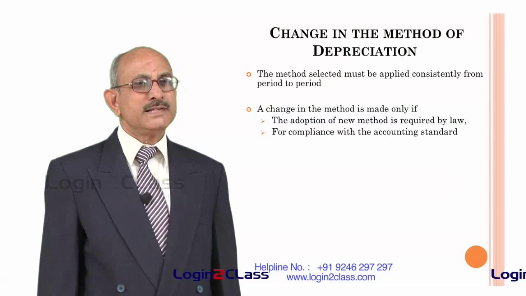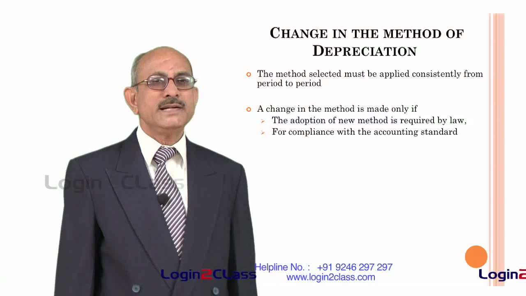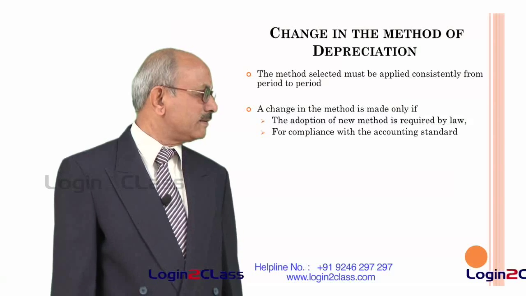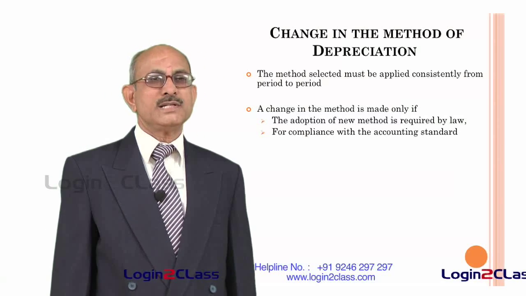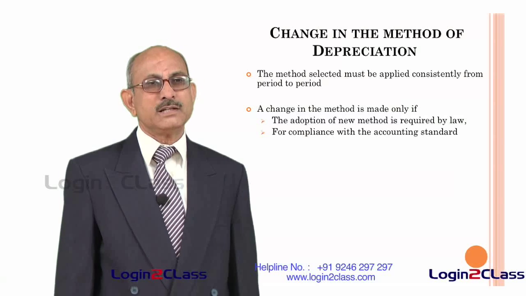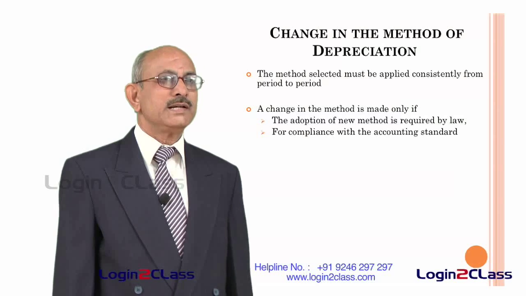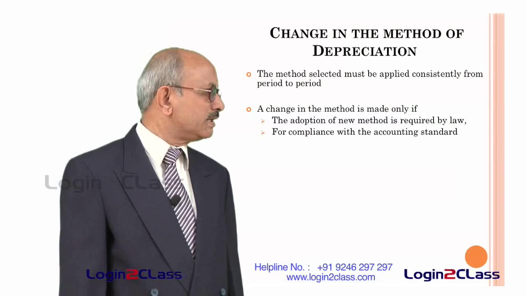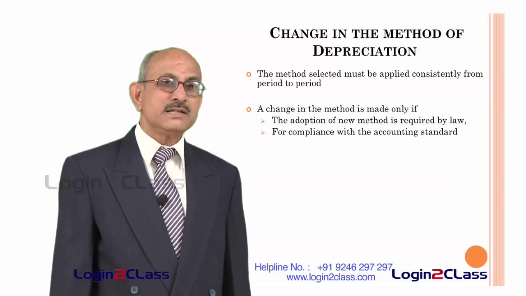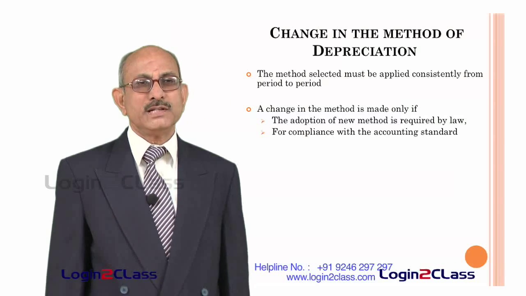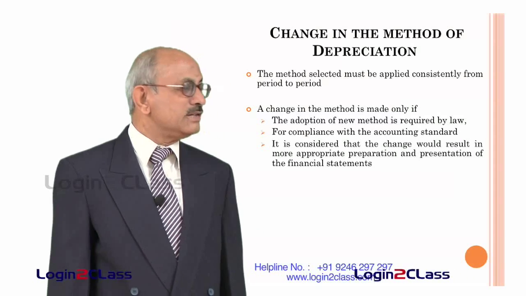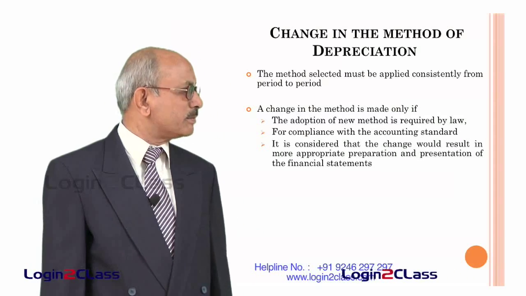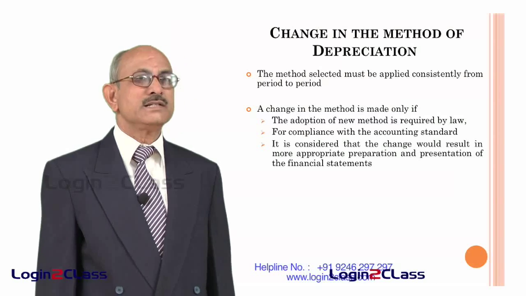So, whenever a change is required by law, the entity has to change the method of depreciation, or whenever a new accounting standard comes up and that accounting standard mandates use of another method, then also it is incumbent upon the entity to change the method of accounting. And third is the choice given to the entity, that the entity considers that the change would result in more appropriate preparation and presentation of financial statements.